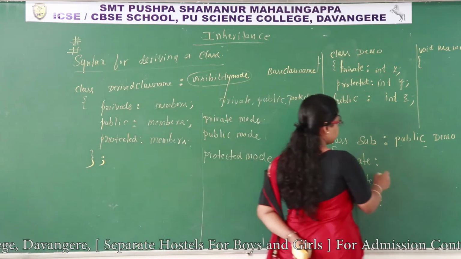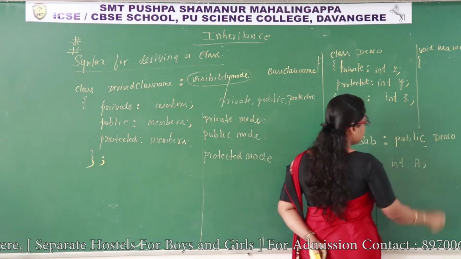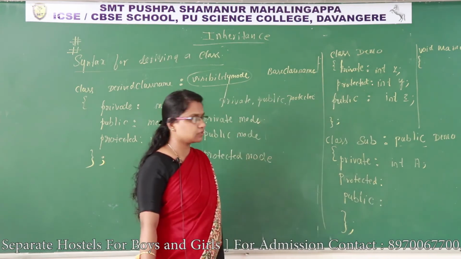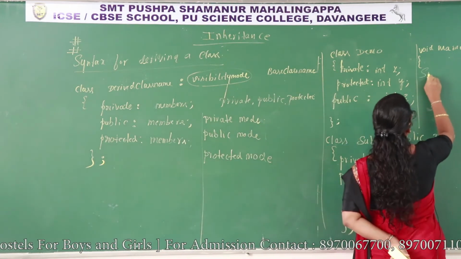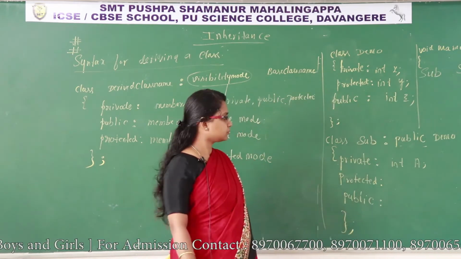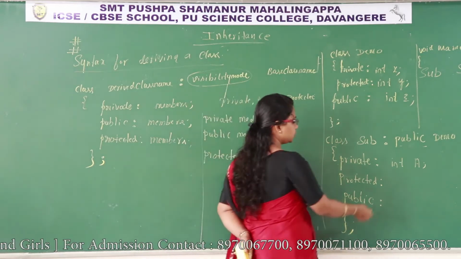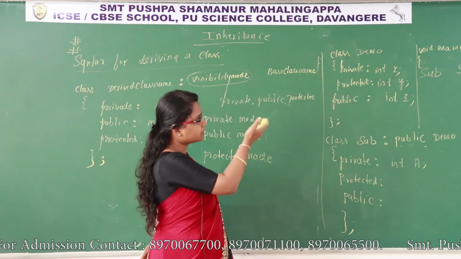If this class is having int a, it is a member of which class? Subclass. If I create an object for the subclass, yes. If I take a function here, a is private data, so I cannot access it directly there.